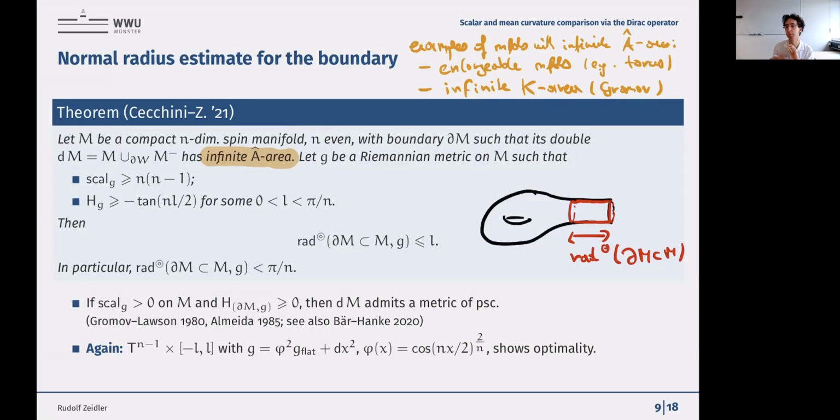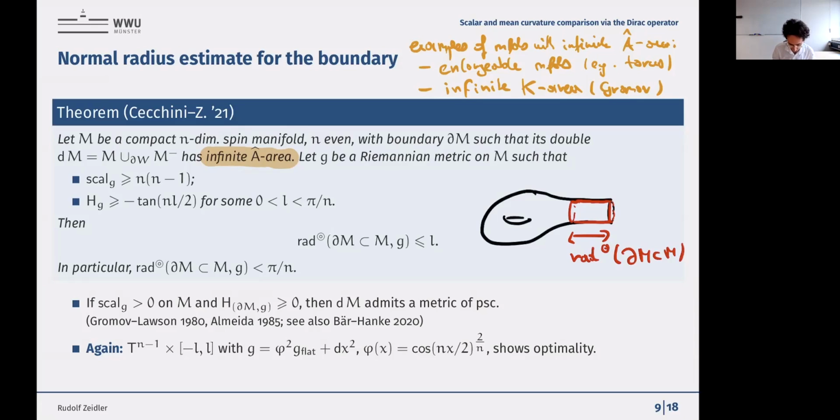This can be seen differently, because if you have a mean convex boundary and positive scalar curvature, then you can double the metric and smooth the metric near the interface in such a way that you get a metric of positive scalar curvature on the whole double. And as I said, this condition is precisely a condition that obstructs positive scalar curvature on the double. So you cannot have that.